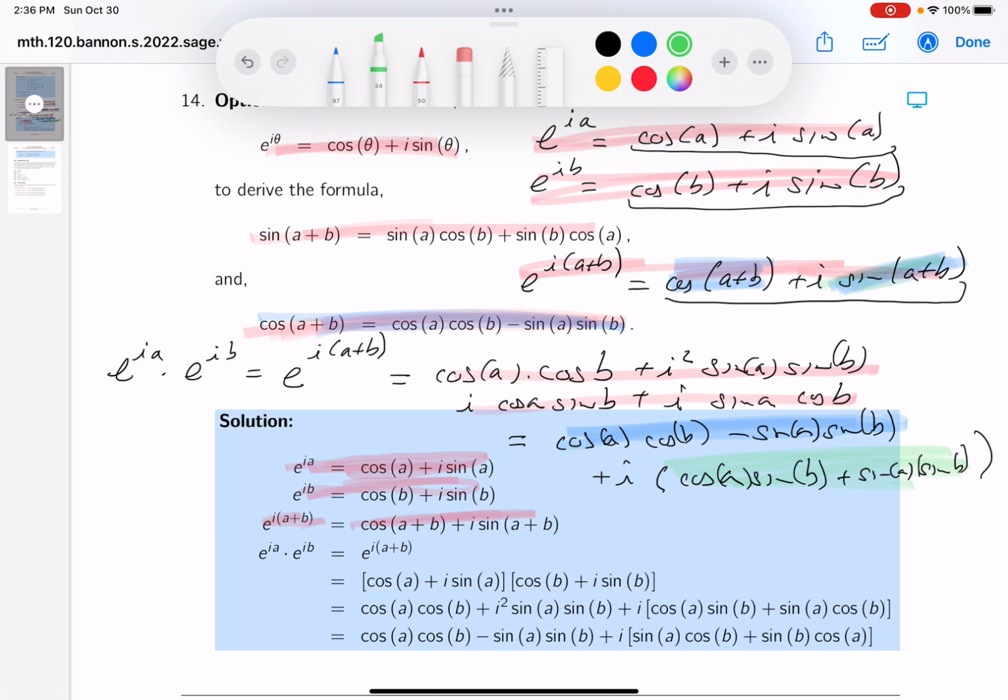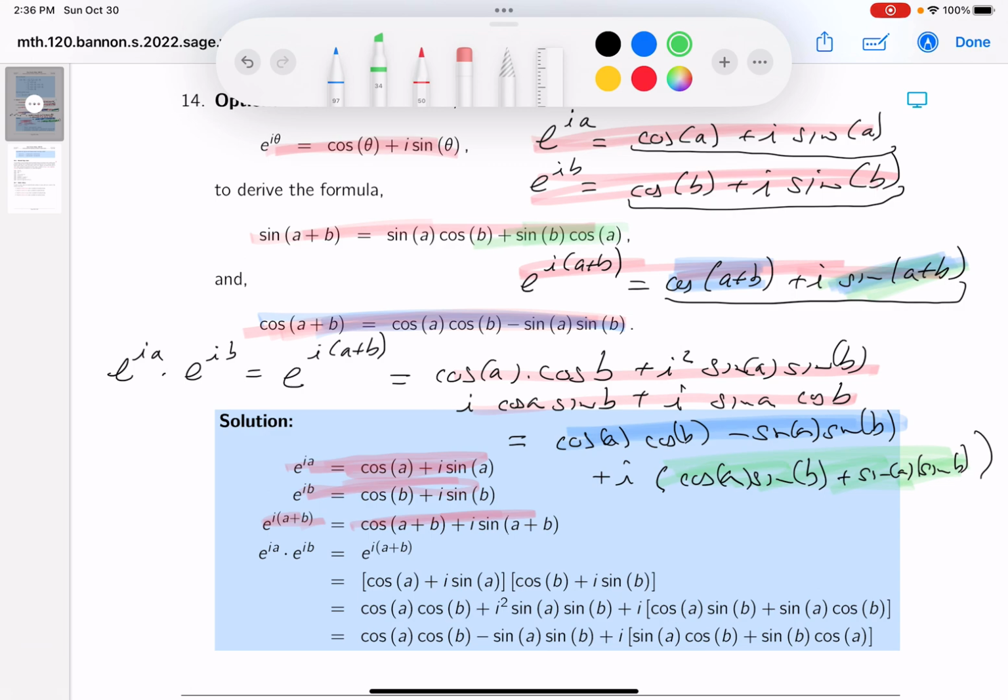So again, we're trying to equate this with this over here. And what do you get there? Sine of A plus B. They say cosine A sine B. Well, I see that here. I'm definitely seeing that. And then, let's see, sine A. I'm sorry, I'm looking at something strange here.